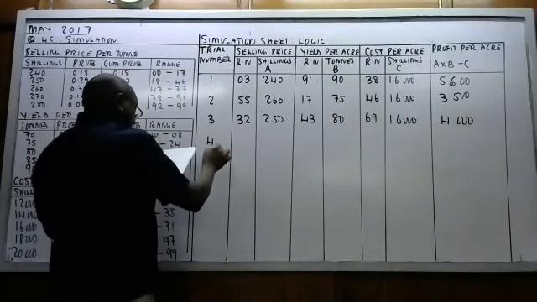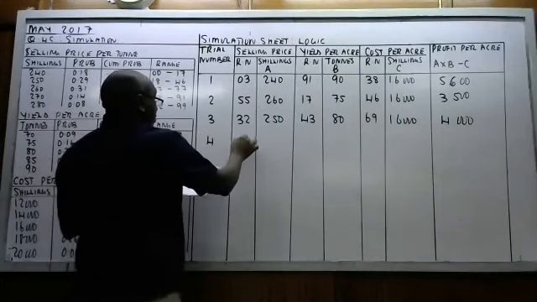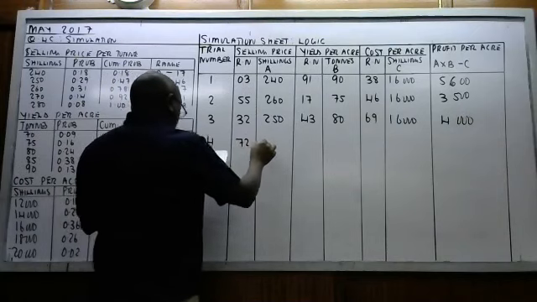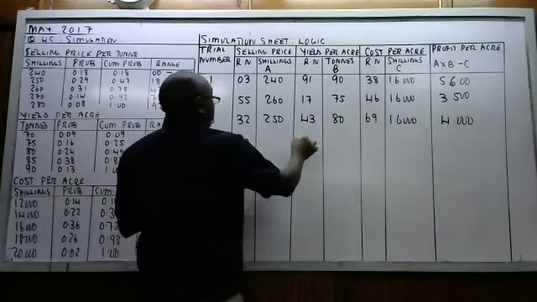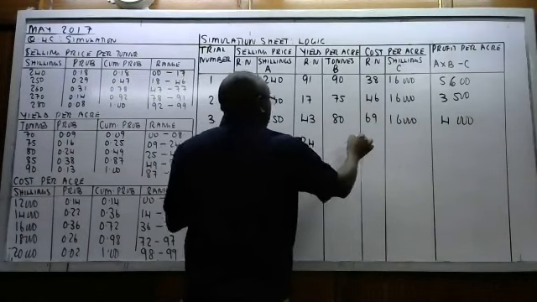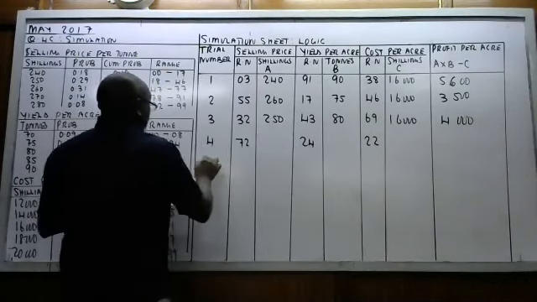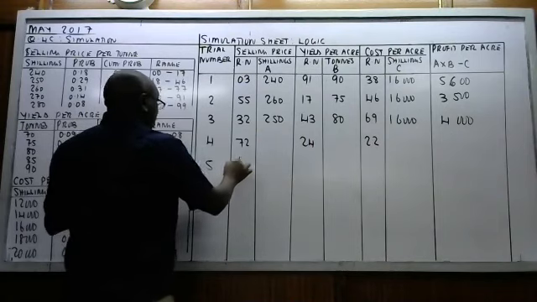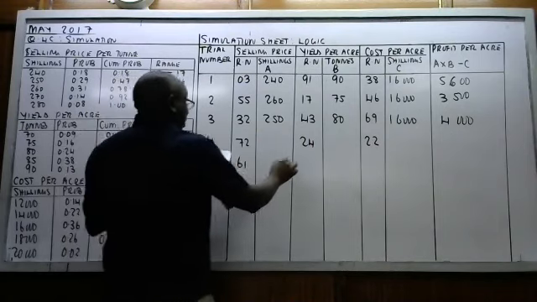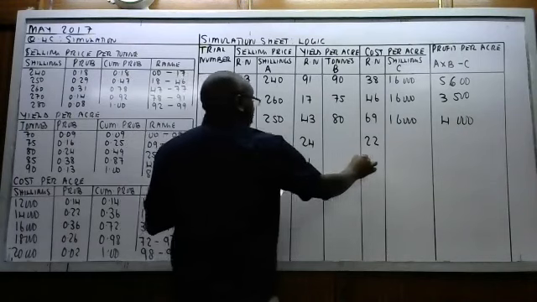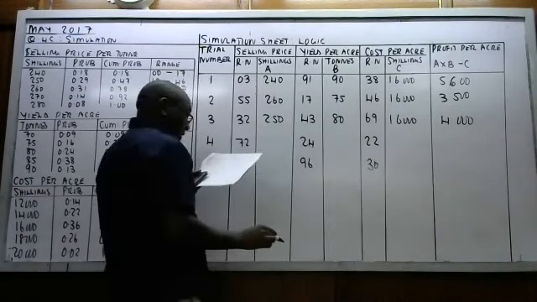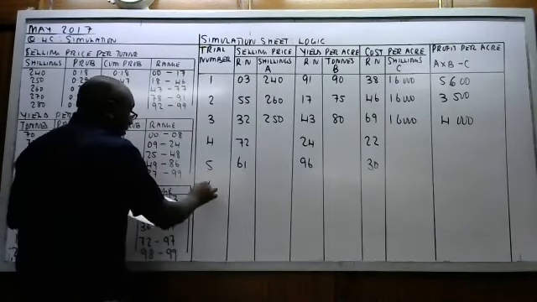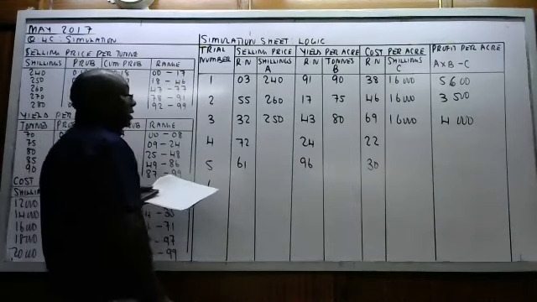Number 4, after 69, I have 72, 24, 22. Number 5, I have 61, 96, 30. Number 6, this is what I wanted to illustrate.